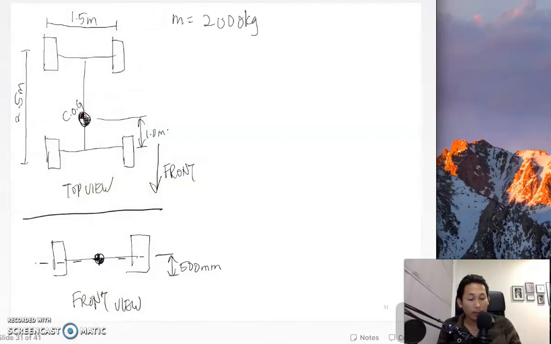From the side, this is front, this is rear, and the center of gravity is 1 meter from the front and 1.5 meter from the rear wheels.